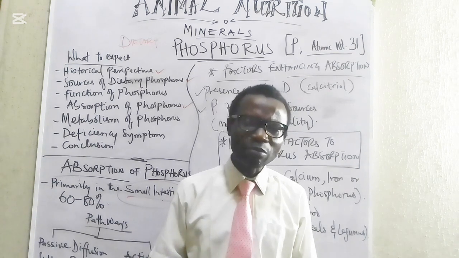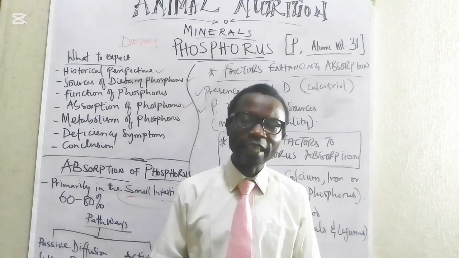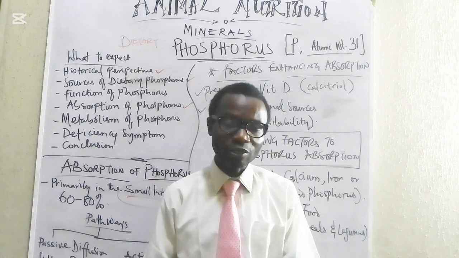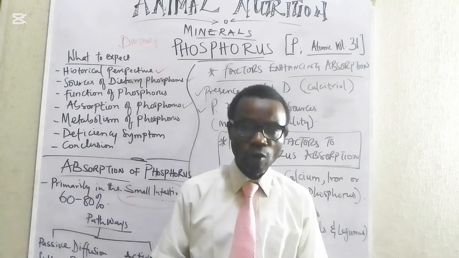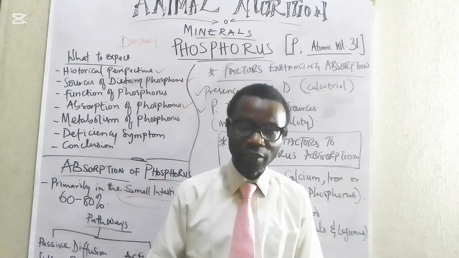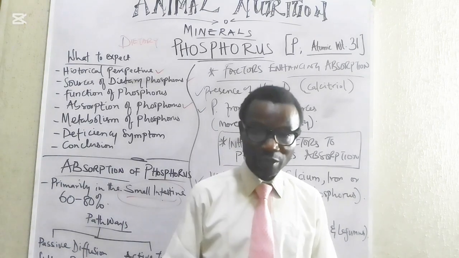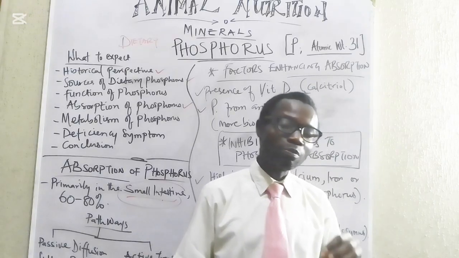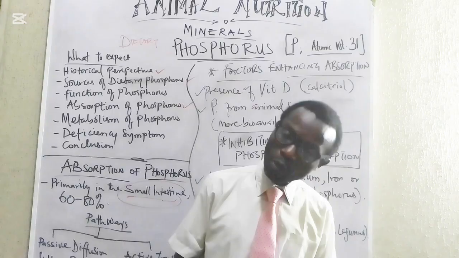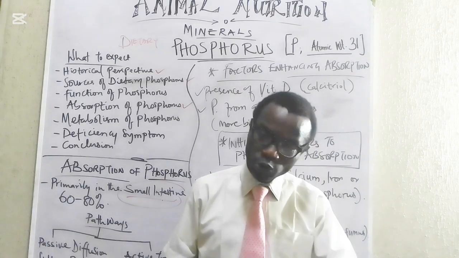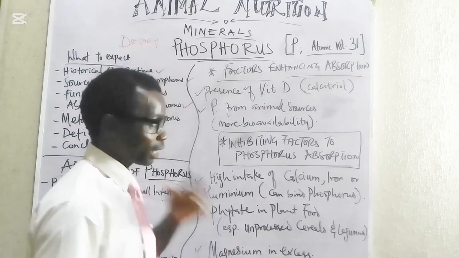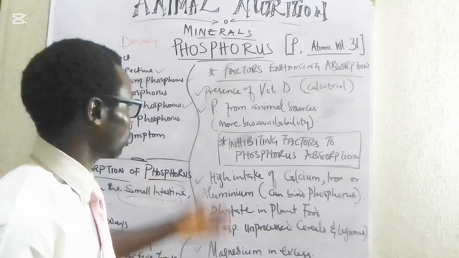Animal tissues tend to have a higher profile or a more complete profile of certain amino acids, minerals or vitamins. So the phosphorus from animal tissues is more available and also easily digestible and absorbed. So the more bioavailability you have, the more.